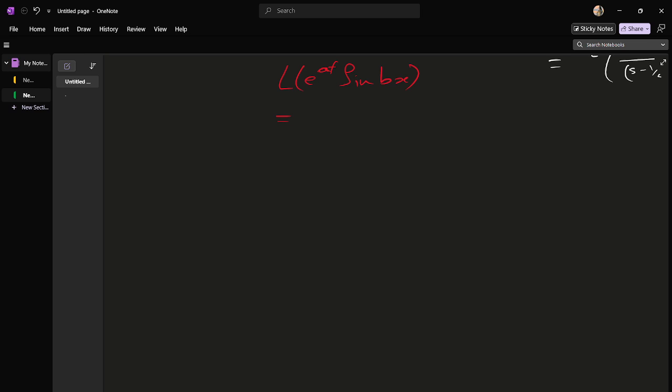L of e to the power at sin bt goes to b by (s minus a) whole square plus b square, and L of e to the power at cos bt goes to (s minus a) by (s minus a) square plus b square.